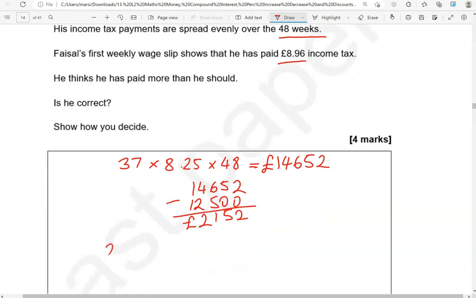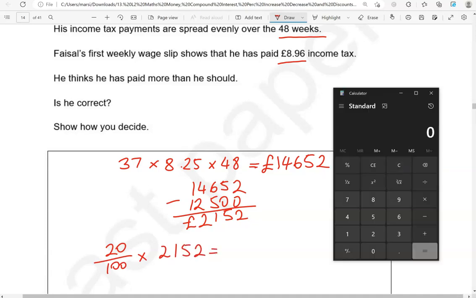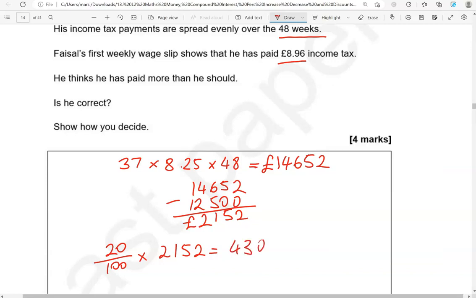So 20% of 2,152 gives us £430 and 40 pence. £430 and 40 pence is the income tax that he will pay for the whole year.